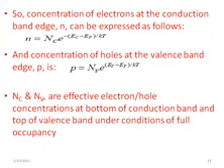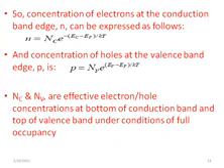Now, we can have an expression for the concentration of electrons at the conduction band, and the formula is given by this, n is equal to NC exponential that. We have seen this expression already. And the concentration of the holes at the top of the what? Valence band should be given by this p. p stands for the holes, n stands for what? The electrons.